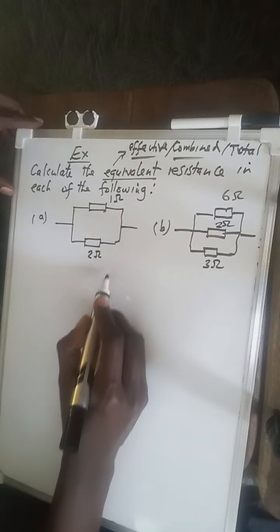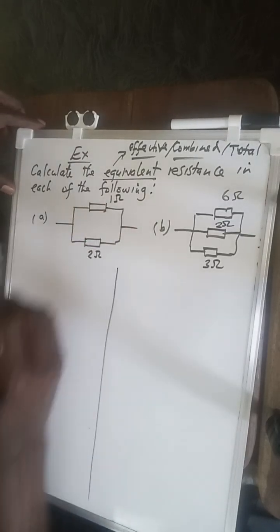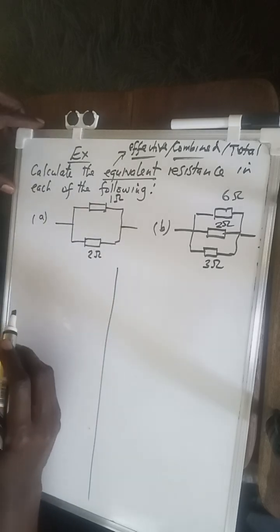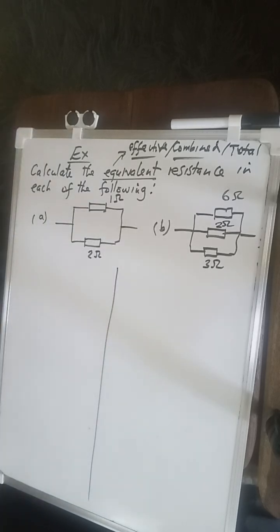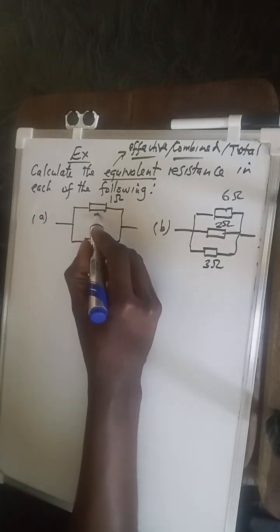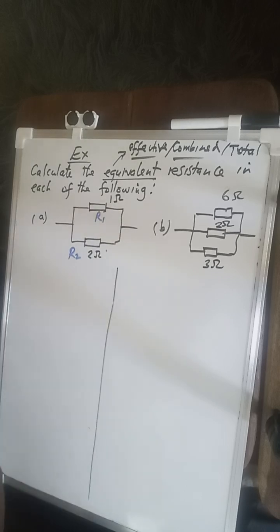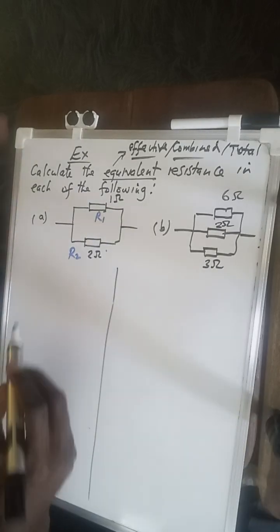Now, of course, we can apply the formula that I showed you to calculate the total resistance because there are only two resistors in parallel. I'll call this one R1 and this one R2 for the sake of simplicity when I'm calculating.